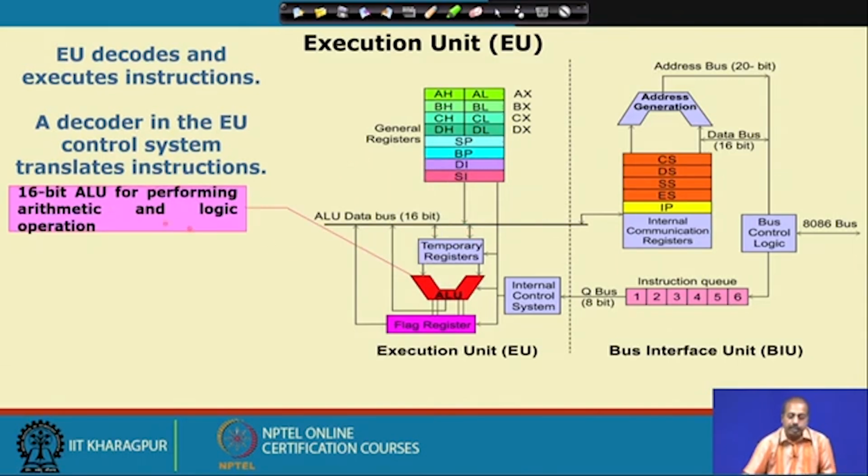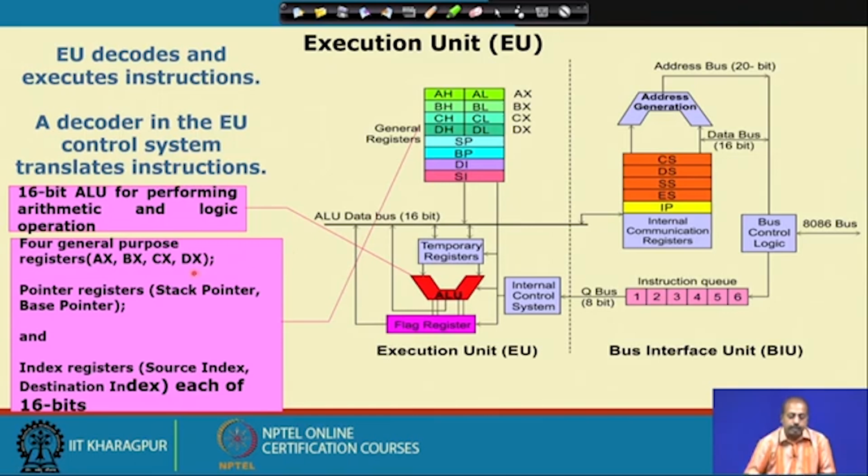A 16 bit ALU has been provided. This ALU is 16 bit, whereas the adder that we have in the bus interface unit is 20 bit. So there is a difference. This 16 bit ALU performs arithmetic and logic operations. Then we have the general purpose registers AX, BX, CX and DX.